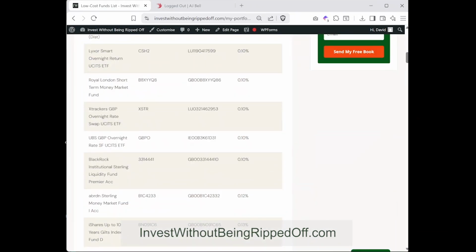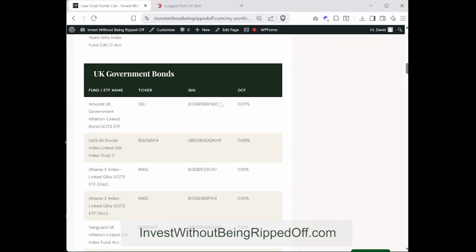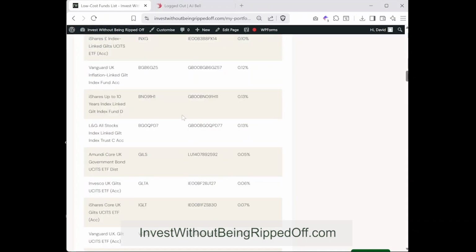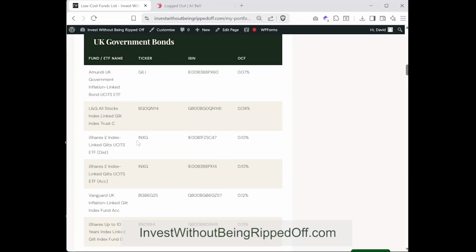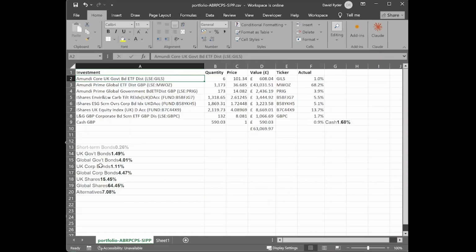So it was UK government bonds and it's GILS, and there it is. It's this one. So that is indeed under UK government bonds. So I go back to this, it's UK government bonds, and I move that up there.